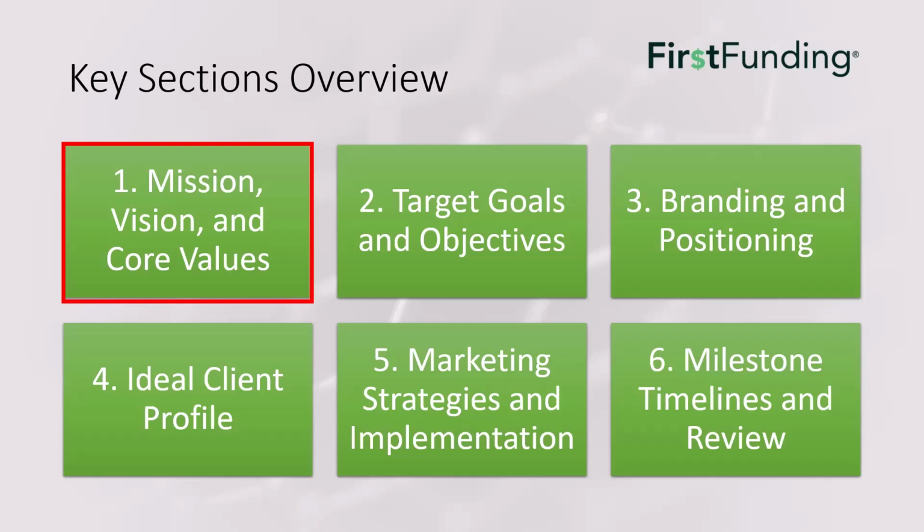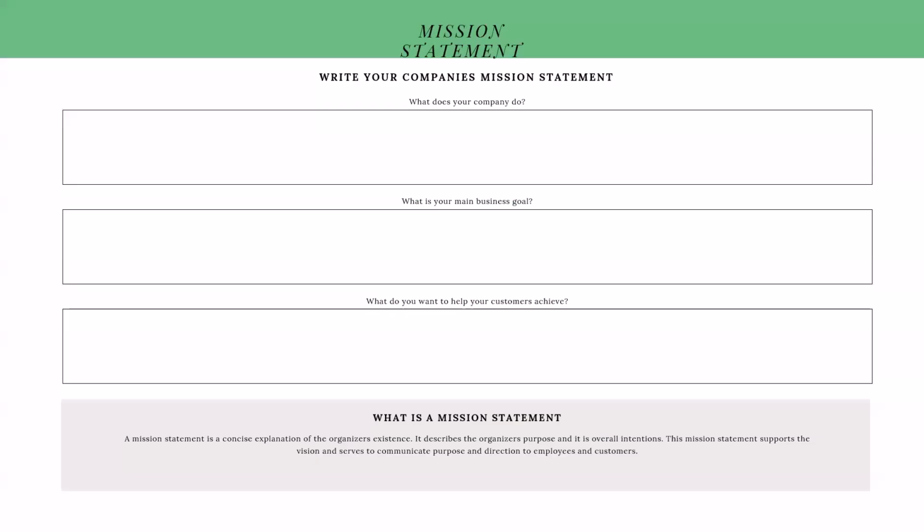The first segment was creating your mission, your vision, and your core values. Two pieces on that, and you can go back. We're going to send a copy of the recordings and all the materials, so if you're joining us for the first time, you can go back and do this, and this is what that looks like, filling that out.